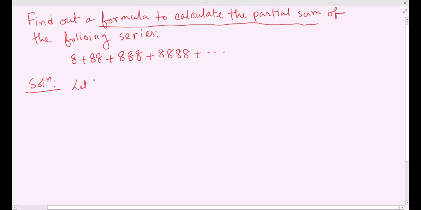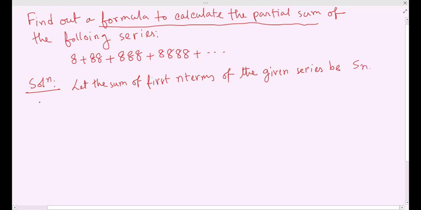Let the sum of the first n terms of the given series be Sn. Then Sn equal to 8 plus 88 plus 888 and so on up to the nth term.